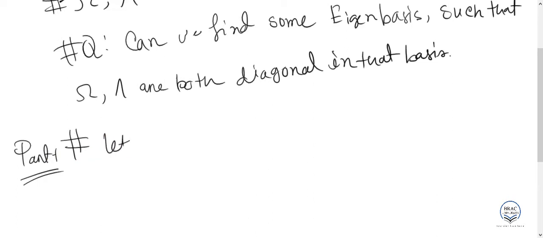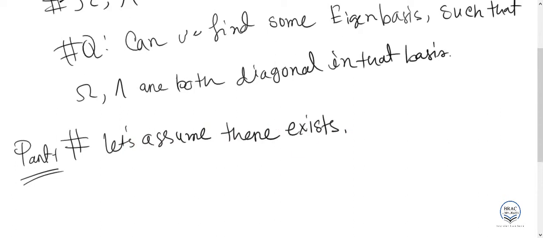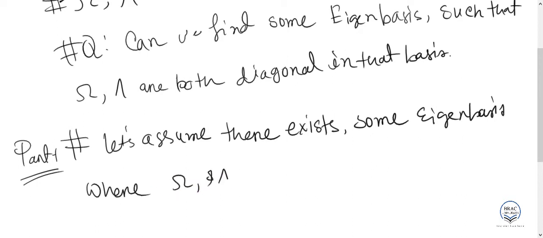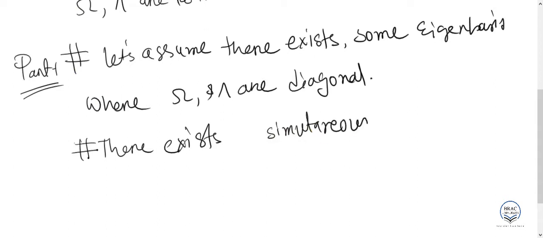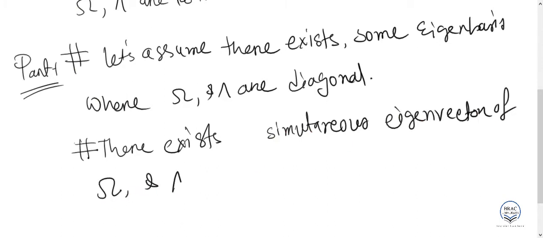So part 1, let's assume there exists some eigenbasis where omega and lambda are simultaneously diagonal, and this will mean that there exists a simultaneous eigenvector of omega and lambda.